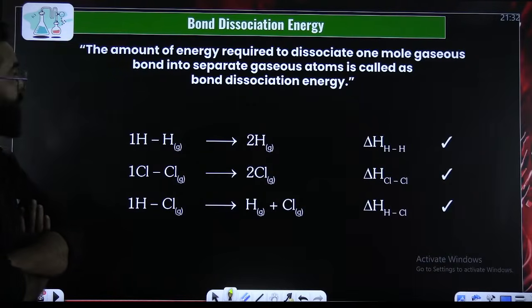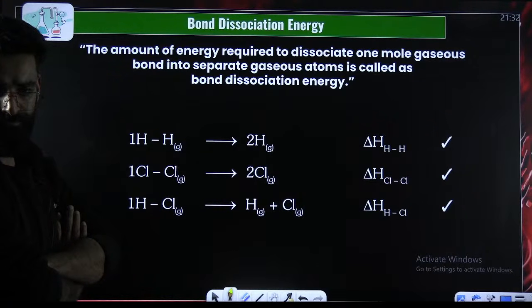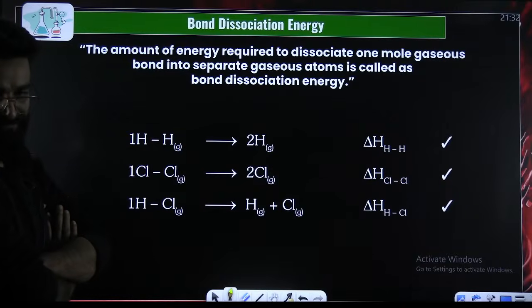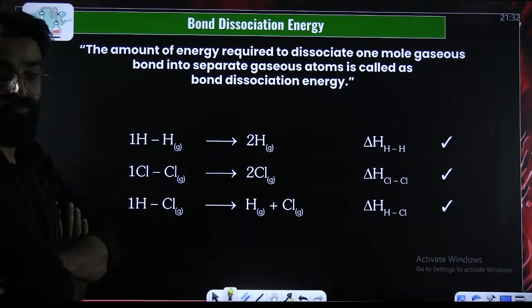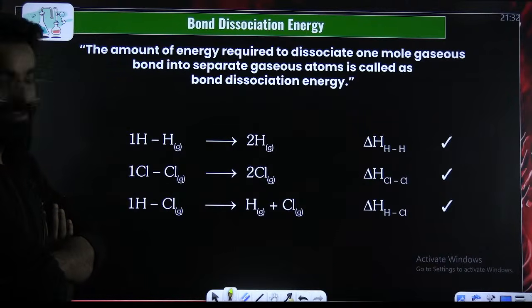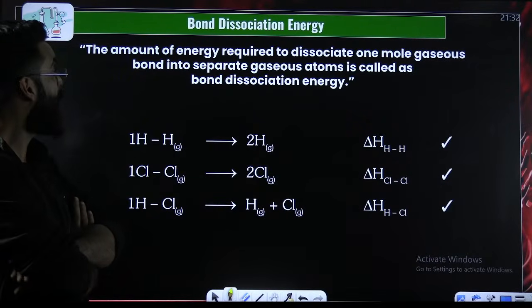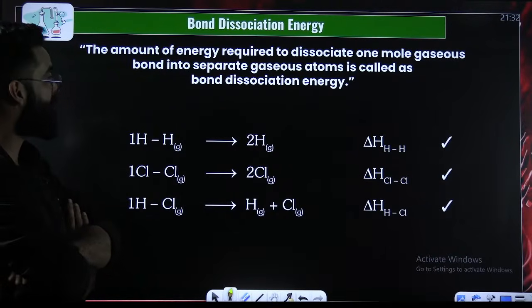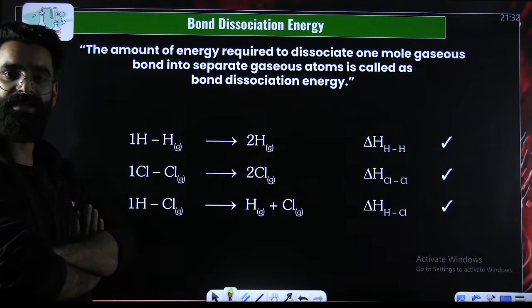Okay? Two questions will come from this. The amount of energy required to dissociate, and be careful with the terminologies, the amount of energy required to dissociate 1 mole of a gaseous bond into separate gaseous atoms.